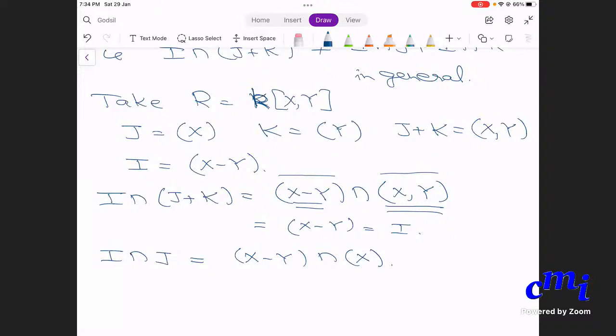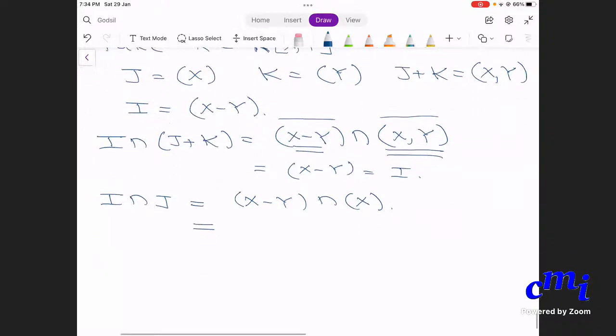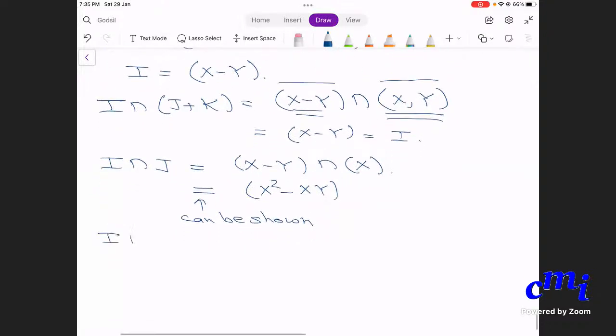This is not completely trivial, so I'll just say it can be shown. So the ideal I ∩ J is the ideal generated by x² - xy. On the other hand, the ideal I ∩ K similarly is (x - y) ∩ (y). Again, this can be shown to be generated by xy - y².